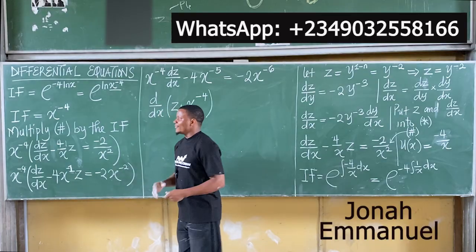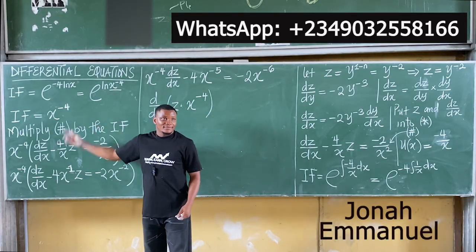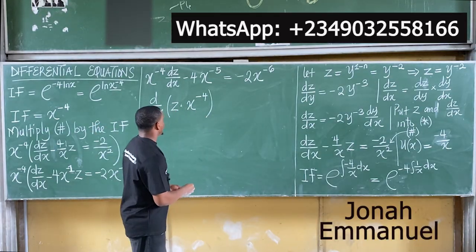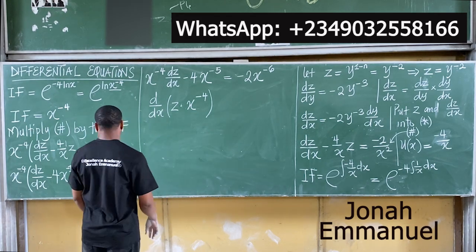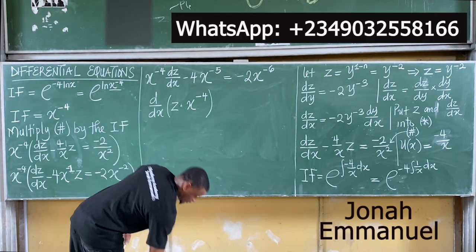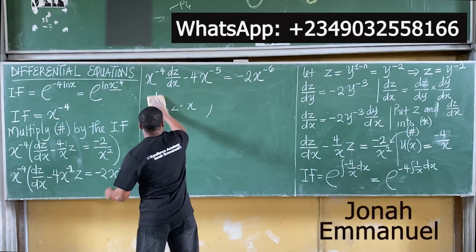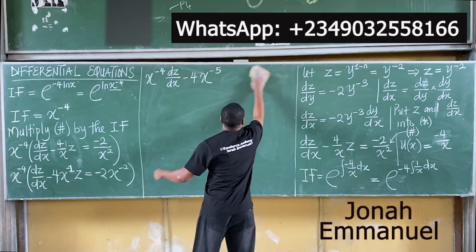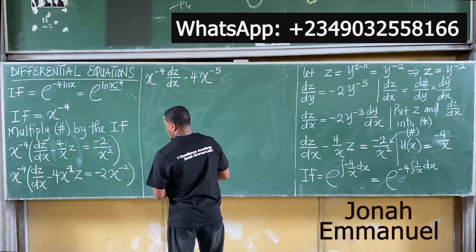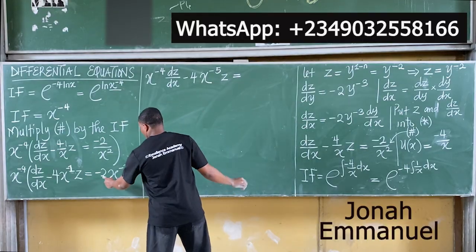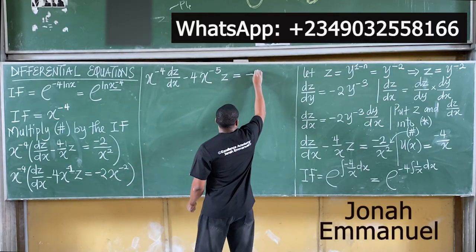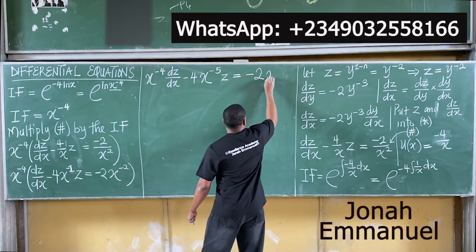This into z is equal to, this becomes minus 2 into x.